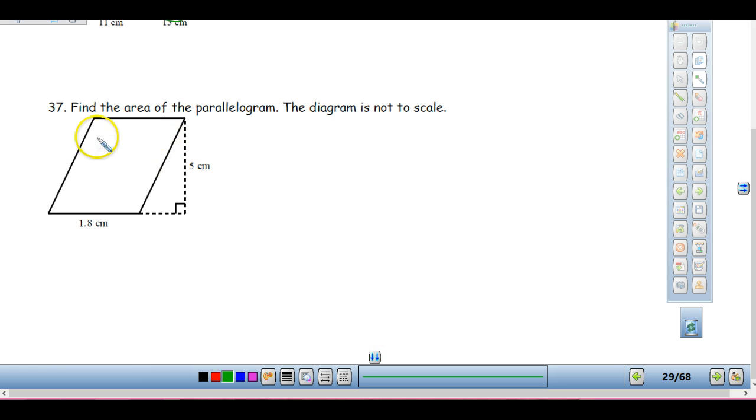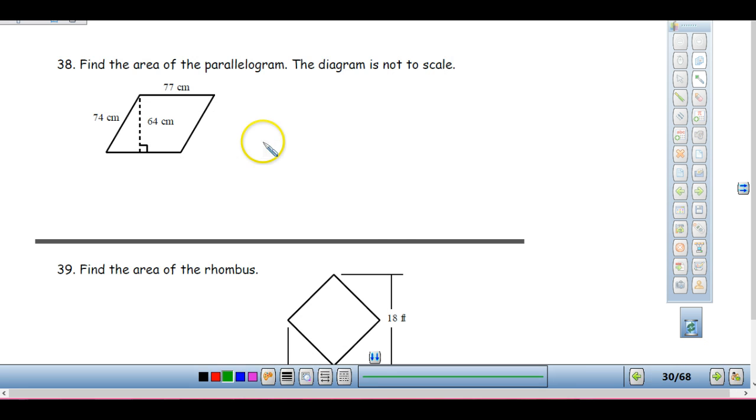Okay, here we have a parallelogram, which is just base times height. So 1.8 times 5, in this case, so it's 9 centimeters squared for your area of your parallelogram. Okay, again, another parallelogram. So your base here is 77, because that's where your 90-degree angle is.